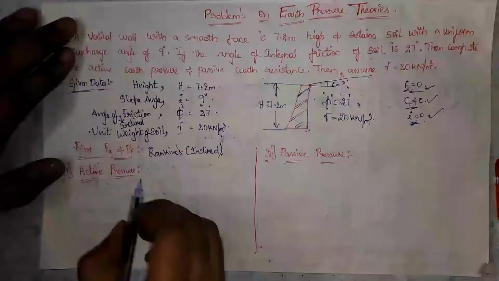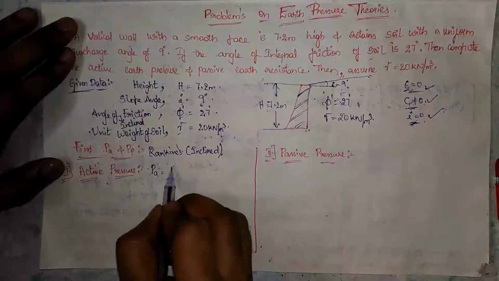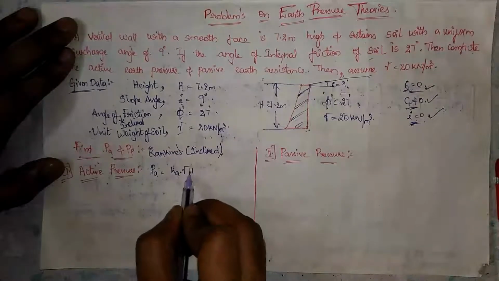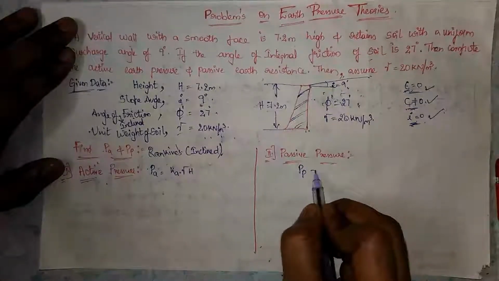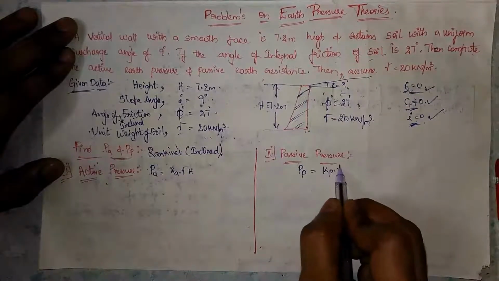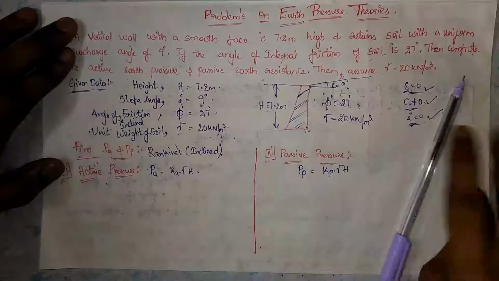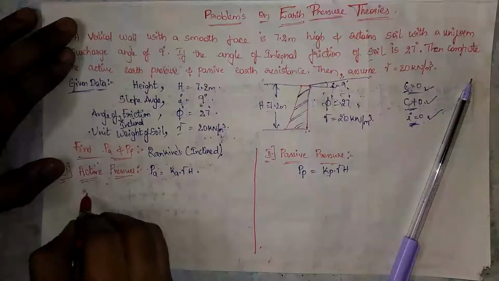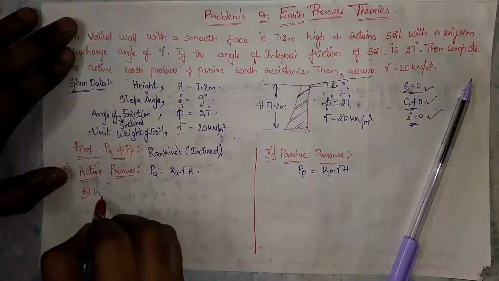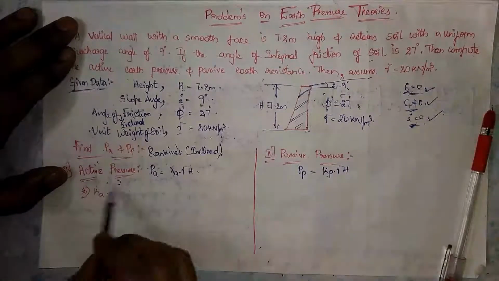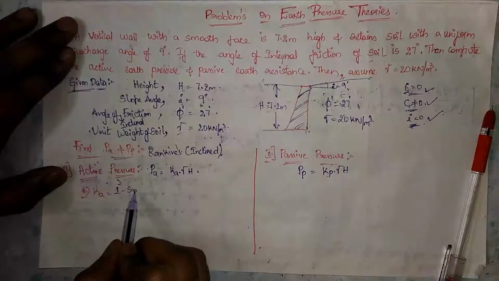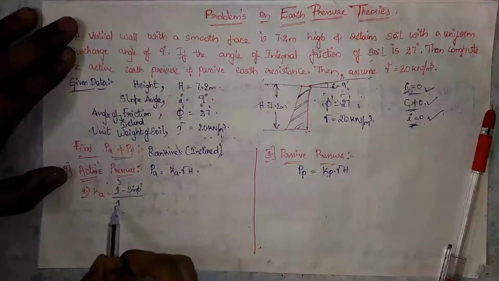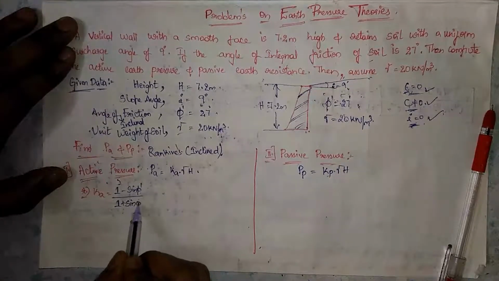Then write Pa equals Ka into rho H. For passive pressure, Pp equals Kp into rho H. Now we have to find Ka and Kp. Therefore, Ka equals (1 minus sin phi) by (1 plus sin phi dash).